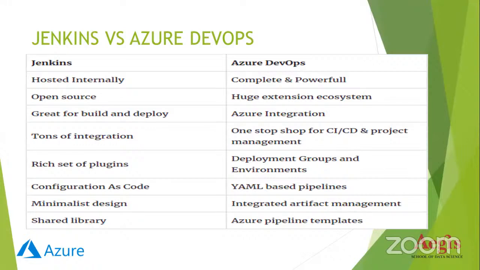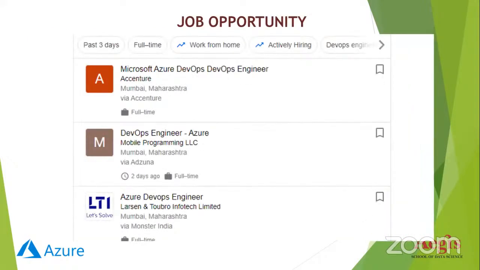Whereas in Azure DevOps, we have our own artifacts, so we don't need to go outside. If we use Jenkins, we have to go outside for multiple things. So that's the difference between Jenkins and Azure DevOps.